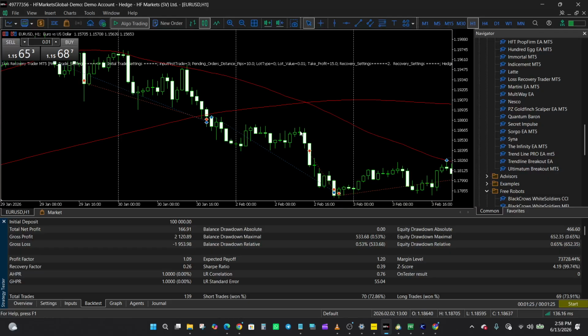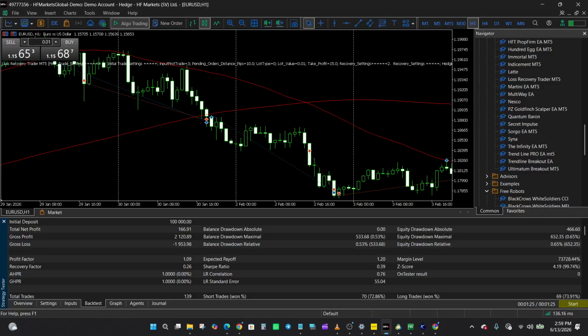When reviewing the historical backtest results, it is important to remember that historical testing performance is influenced by factors such as risk settings, lot size selection, broker execution, spread conditions, slippage, market volatility, and user optimization. Historical analysis should never be viewed as a guarantee of future performance.